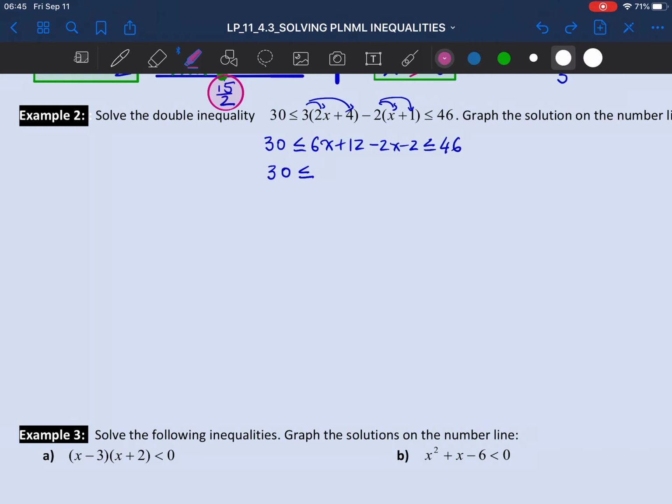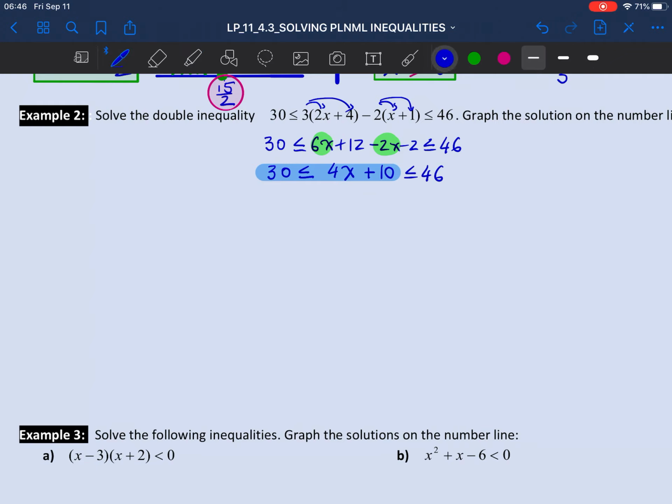So we have 6x, we have negative 2x, the like terms, that will make 4x, and 12 minus 2 is positive 10. And there is nothing that we can simplify in either part, so we're going to stop here and we're going to build our two mini or regular inequalities.